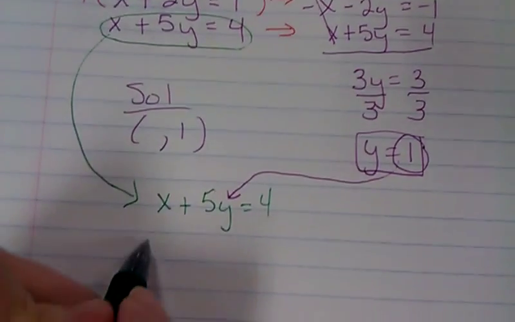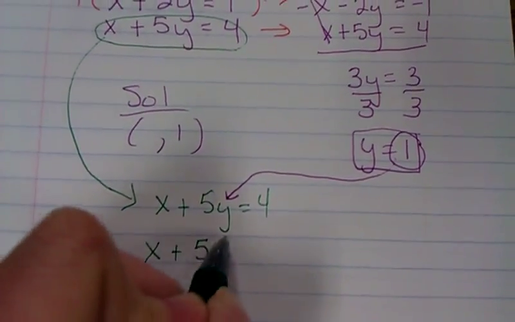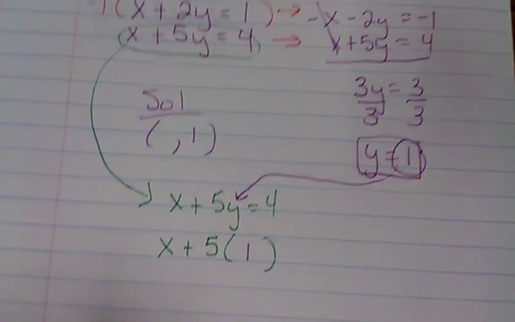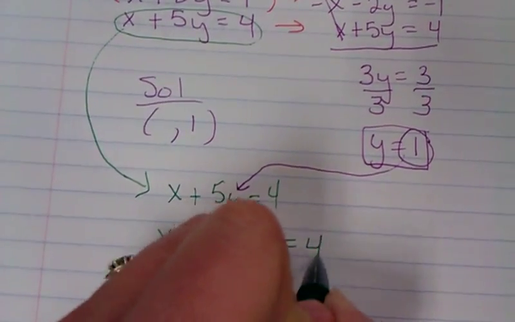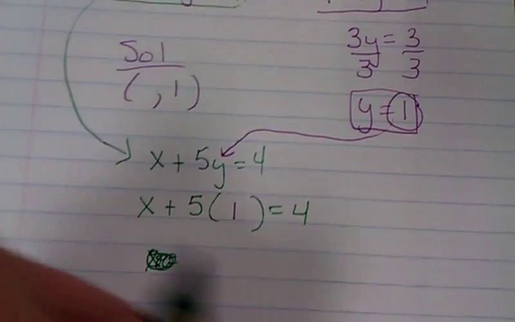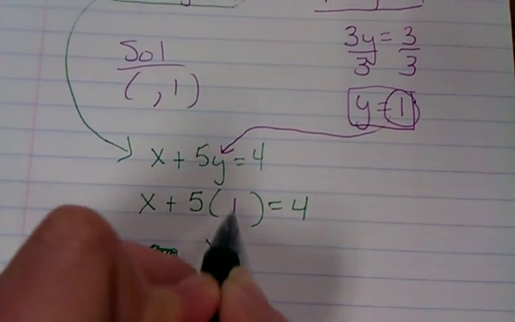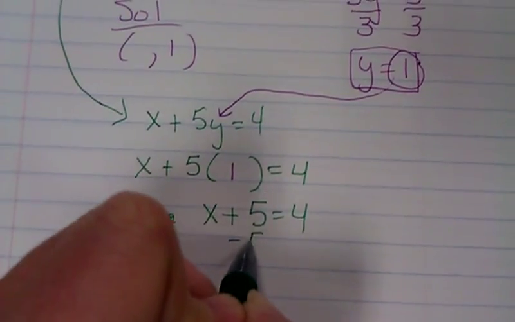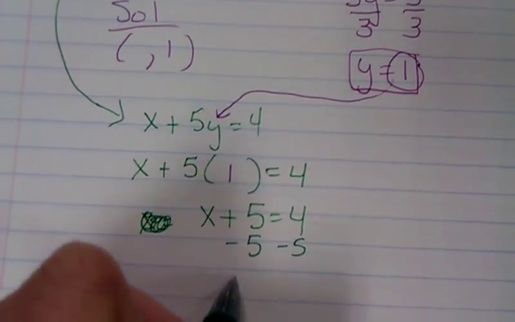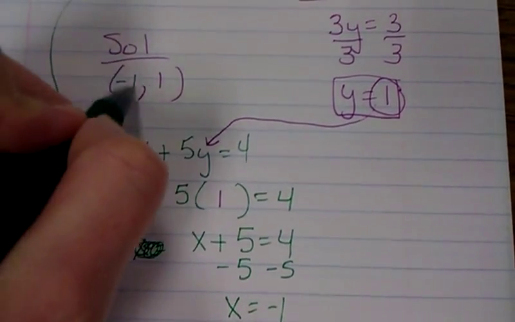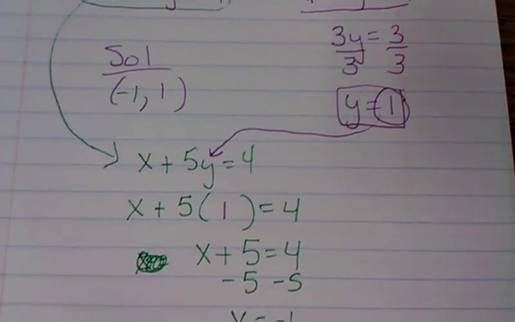So I've got x plus 5 times, instead of y, I'm going to put a 1, and it equals 4. x plus 5 times 1 is 5 equals 4. I'm going to subtract 5 from each side. x equals -1. So now my solution is -1, 1.